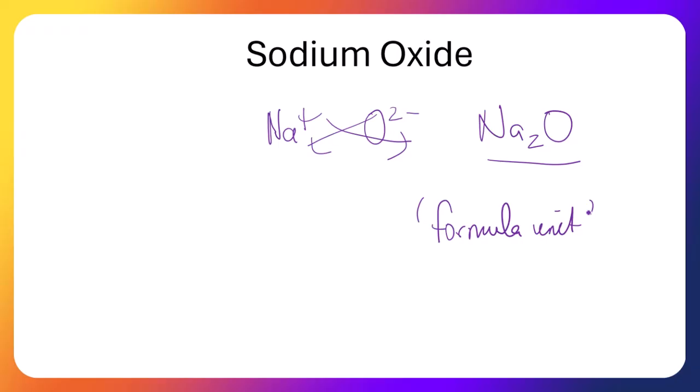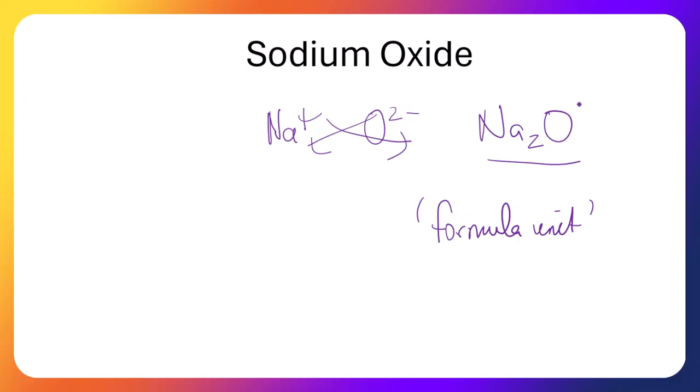And the significance of this is that we have 2 to 1. I wanted to further highlight in this video that we need to balance the amount of positive with negative charge overall. That's the way that we get an electrically neutral formula unit overall, and the crisscross method just helps us to do this.